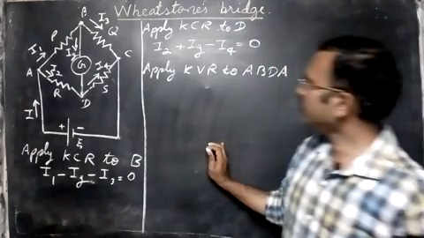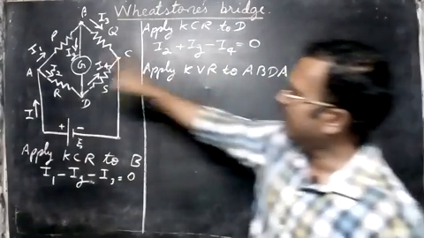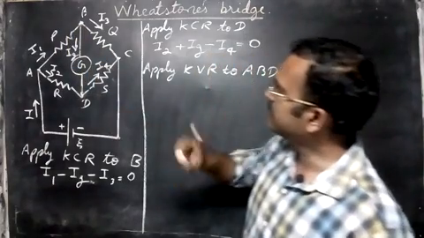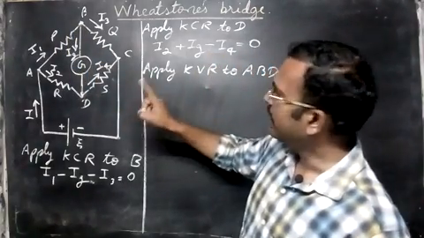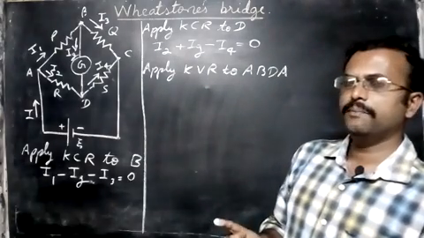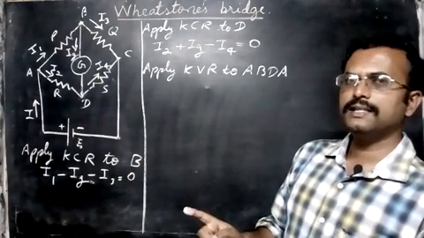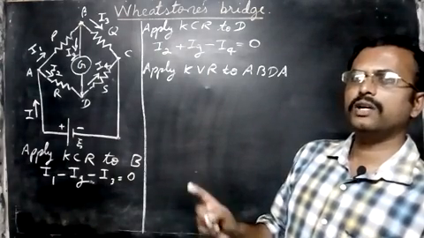So apply Kirchhoff's voltage rule to A, B, D, A. What does Kirchhoff's voltage rule state? The algebraic sum of the products of current and resistance in a circuit is equal to the total EMF.